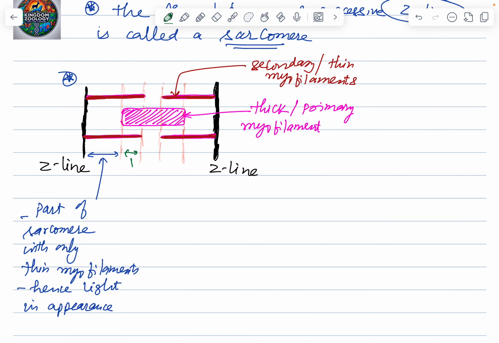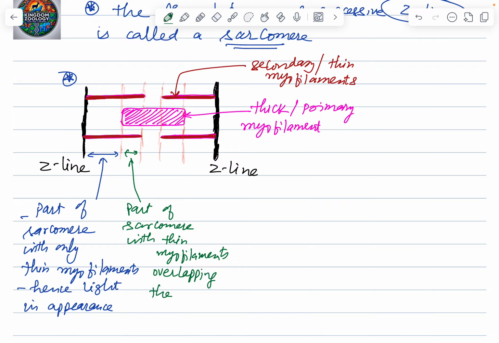This is the part of sarcomere with thin myofilaments overlapping the thick myofilament.